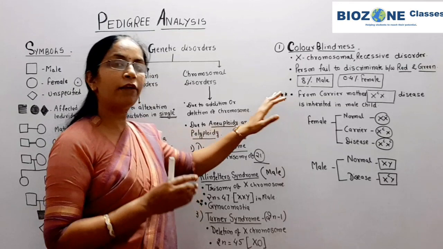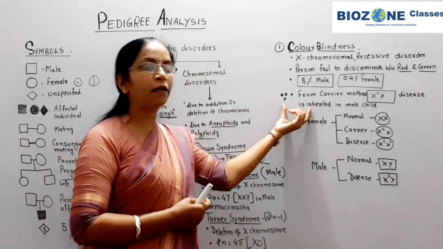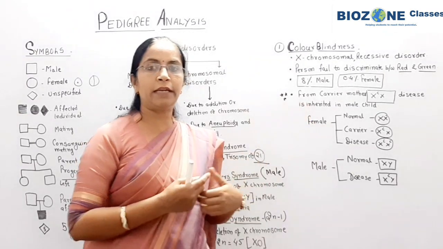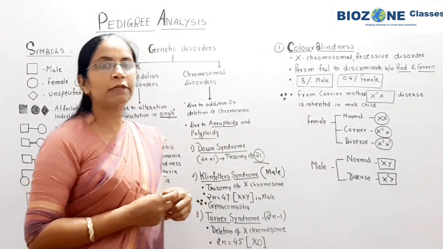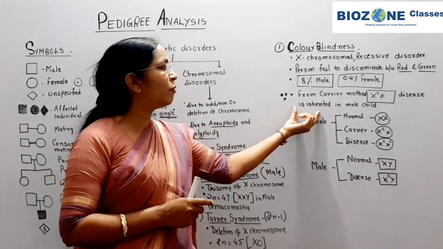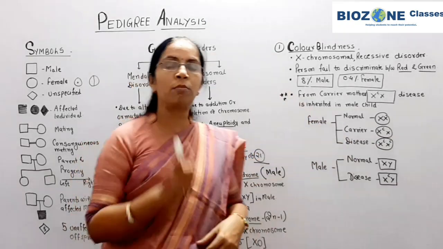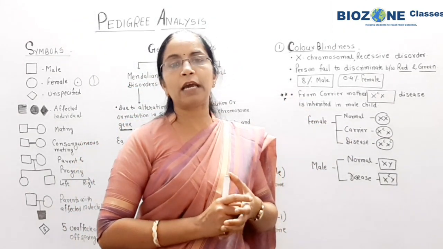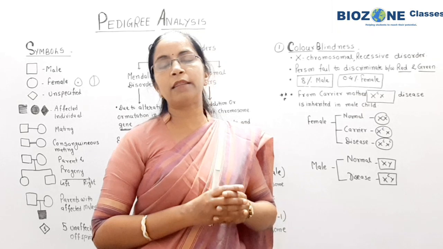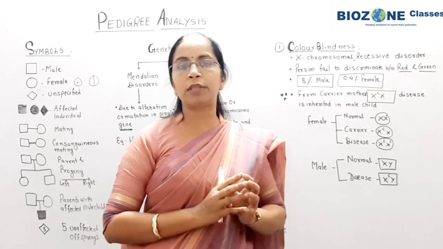Now look here, this question has already been asked in a previous exam: what is the pattern of X chromosomal recessive inheritance? Remember this pattern. From a carrier mother, meaning out of 2 X chromosomes only 1 X chromosome carries the gene for the disease, the mother is phenotypically normal but carries the gene for that disease.